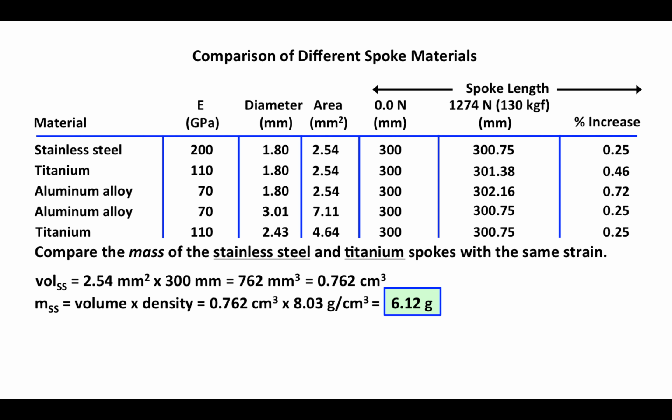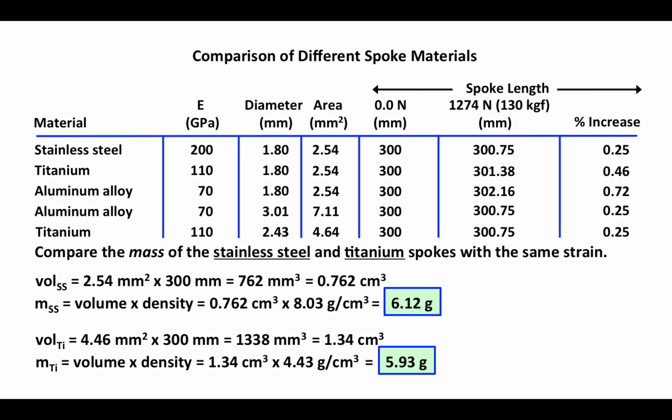Here's my same calculation for the mass of stainless steel, 6.12 grams. When I work it out for titanium, same process as before, I find that I need 5.93 grams of titanium. With 64 spokes, I have a very small difference in the mass, only about 12 grams, which is kind of a meaningless 3%.